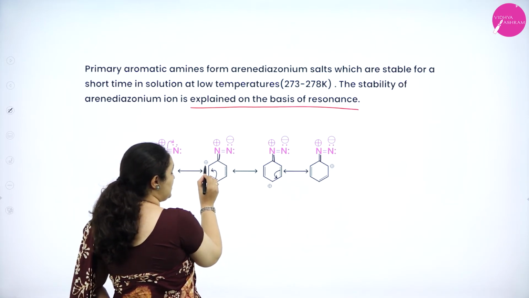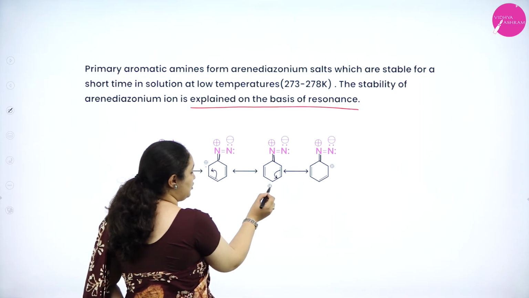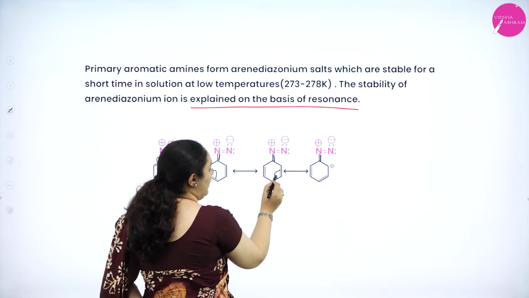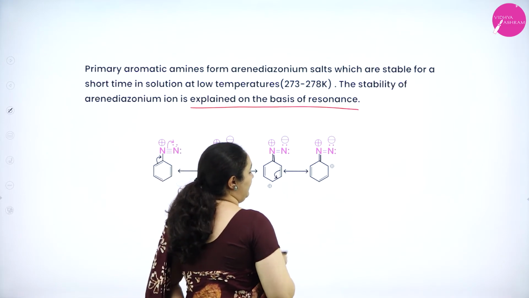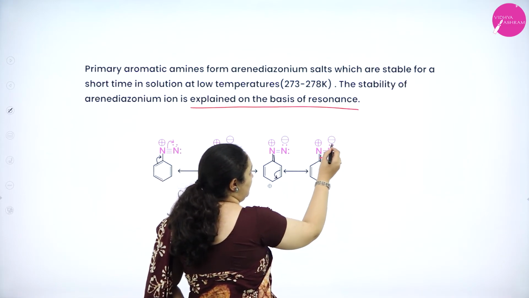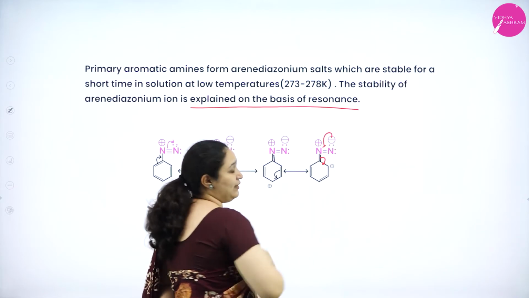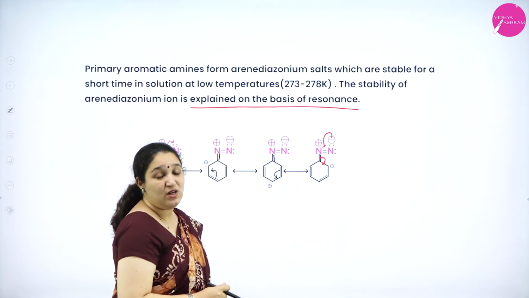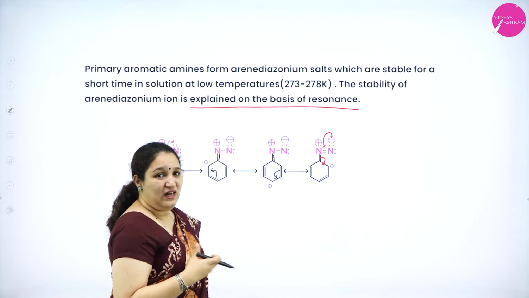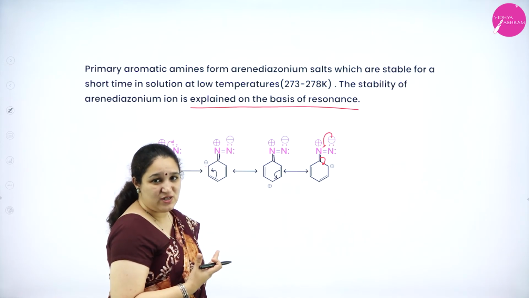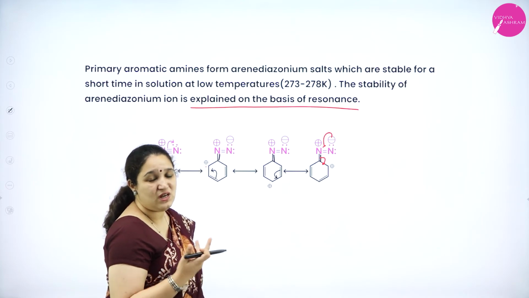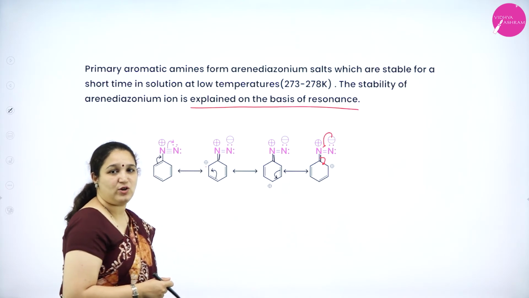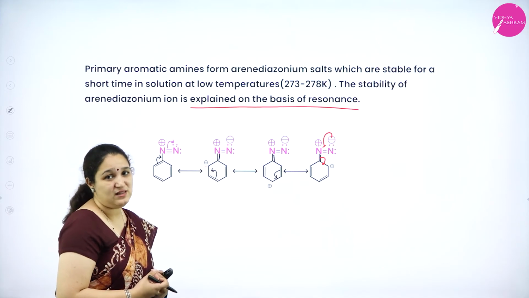The positive charge was in the ortho position, now it has come to the para position, then to another ortho position, and again it can come back to get the same structure. So resonance stabilization is there, but in aliphatic diazonium salts there is no resonance stabilization at all. Thus it is highly unstable.